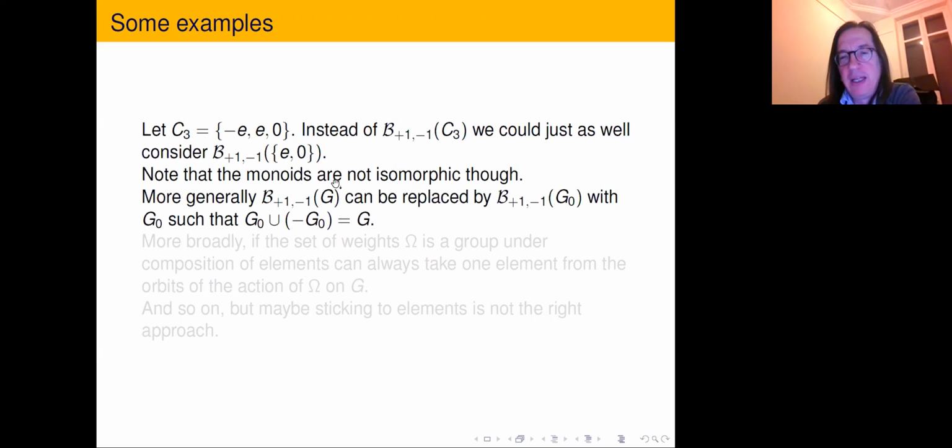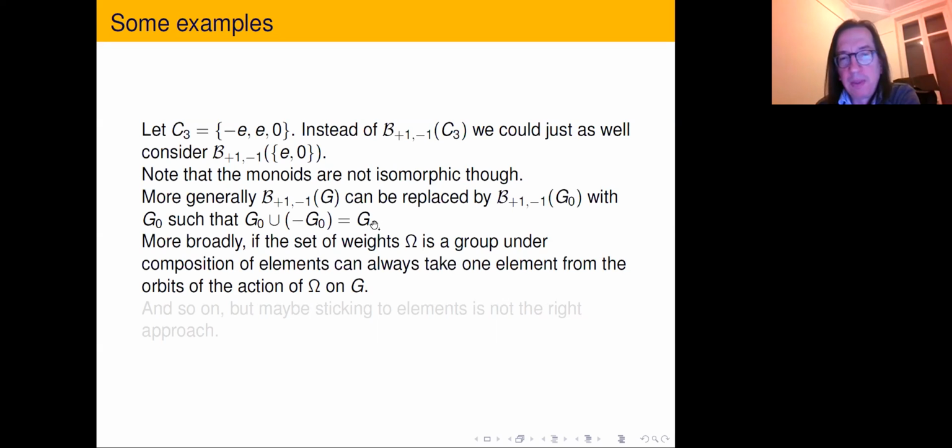And more generally, for any group, I can replace G by any subset G0, such that G0 union the negative elements gives the full group. And more broadly, I could always take a representative of one orbit if I have a group operating on G, if omega would be a group operating on G and so on.